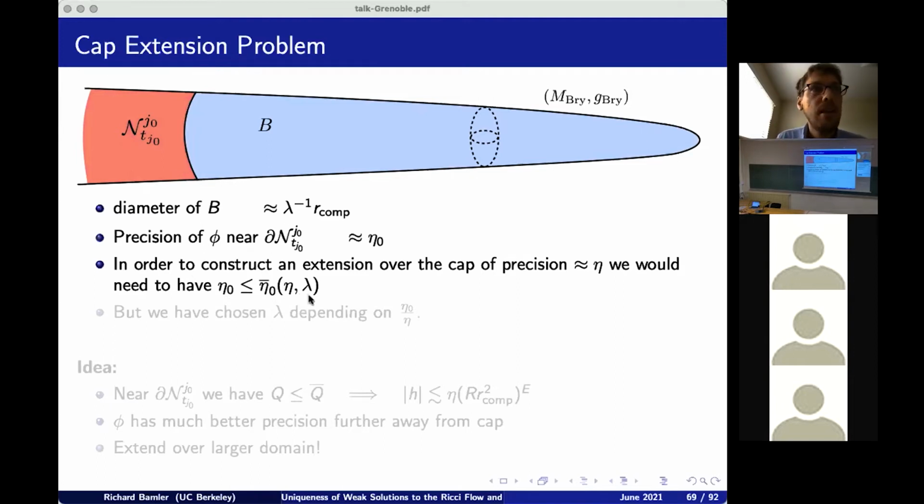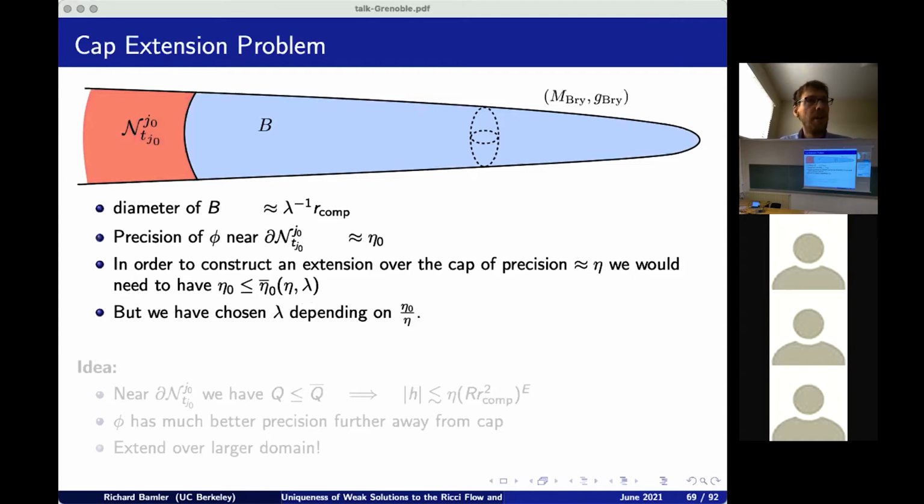But here's the problem. We've already chosen lambda depending on eta naught divided by eta, and now we would have to choose eta naught depending on lambda. This gives a circular dependence of the constants, so the naive strategy wouldn't work out.